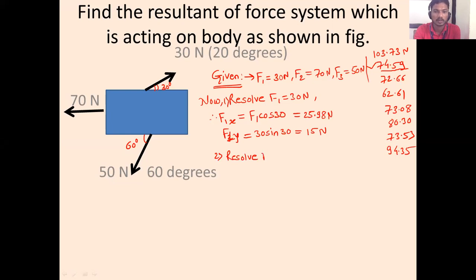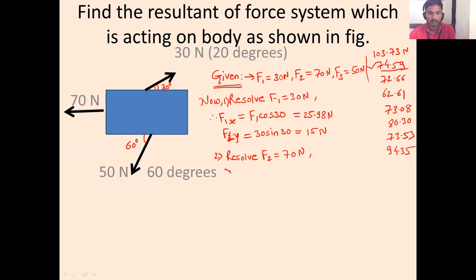Resolve F2, equal to how much? 70 Newton. In terms of principal direction, how is this force directed? Due west. Okay. What will be its x component and y component?